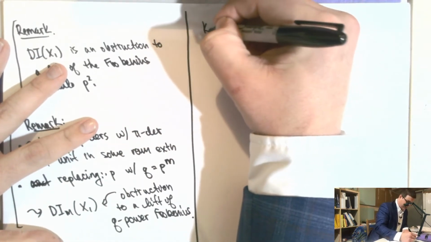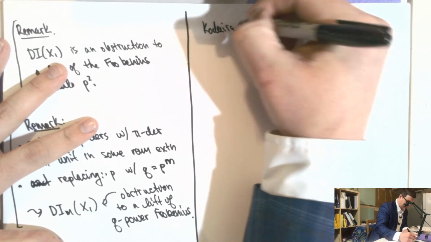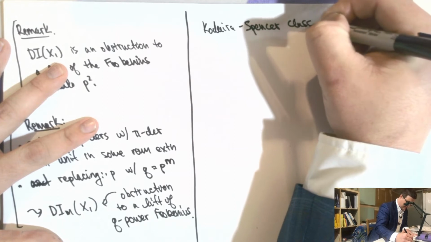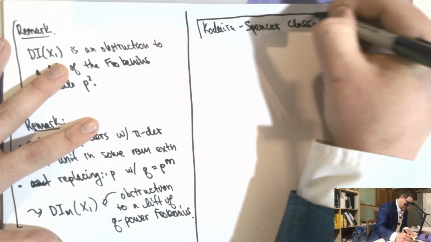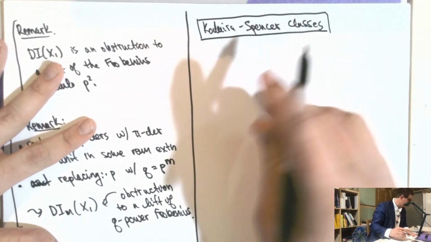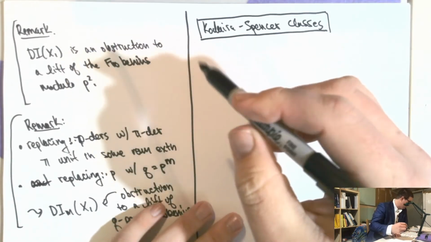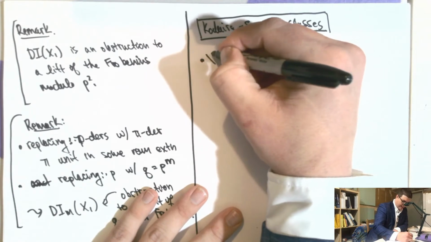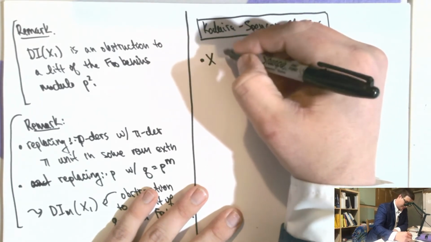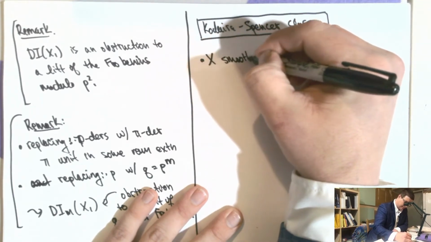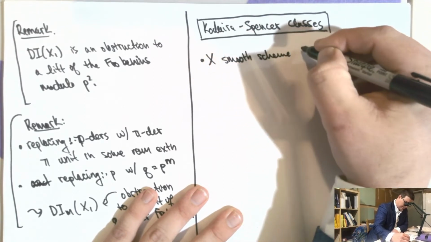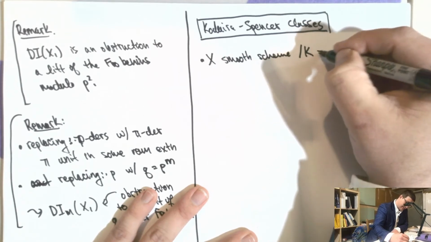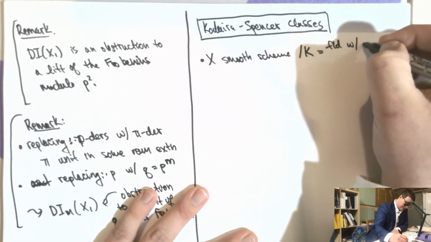So for Kodaira-Spencer classes, what we're going to do is take X, a smooth scheme over K, and this is a field with a derivation.